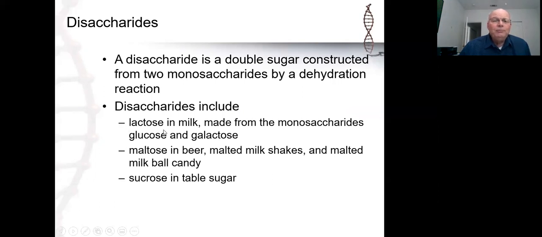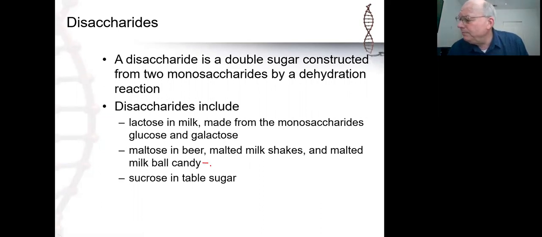The milk sugar that we've been talking about, lactose, is a disaccharide formed from the sugar glucose and another related sugar called galactose. Maltose, which is the cereal sugar, is 2 glucose molecules linked together. Sucrose, or table sugar, is glucose and fructose.